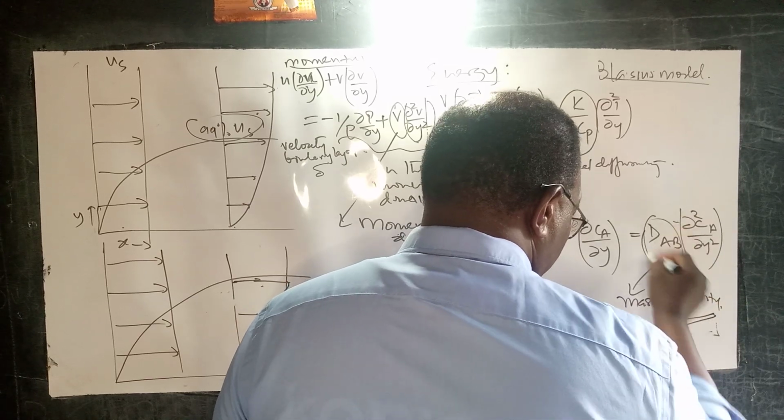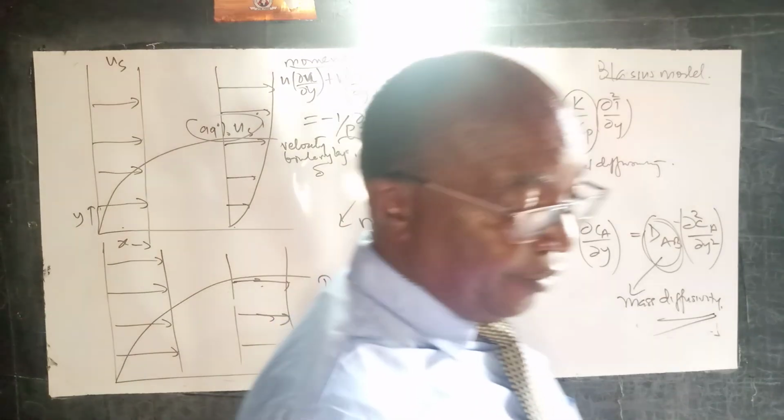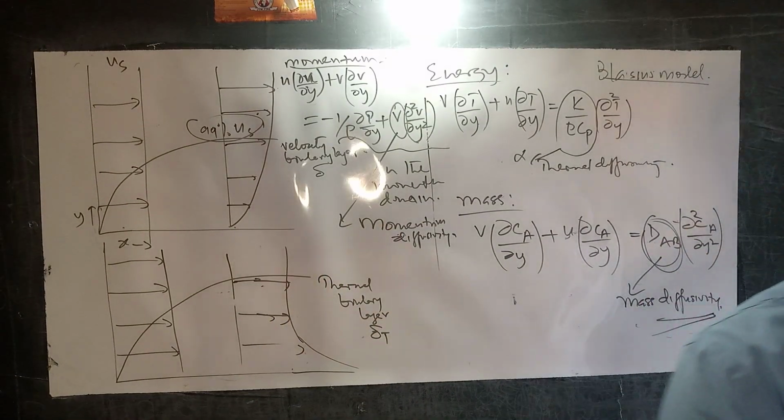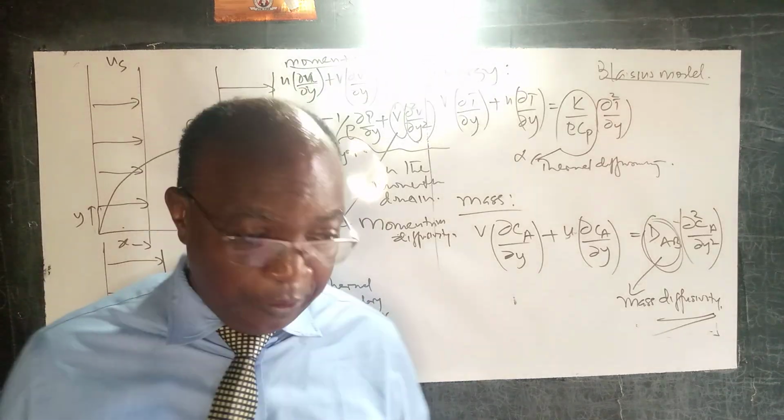And it basically talks of the diffusivity of species A into B. Very, very important for you to remember that.